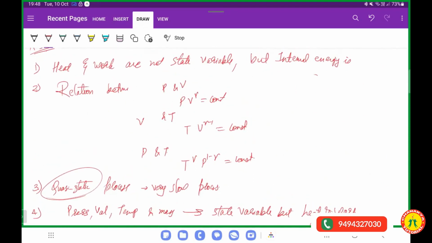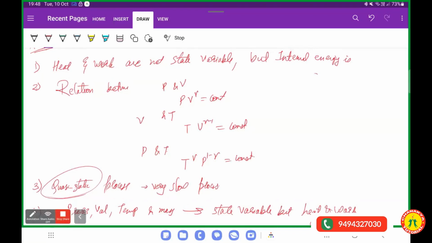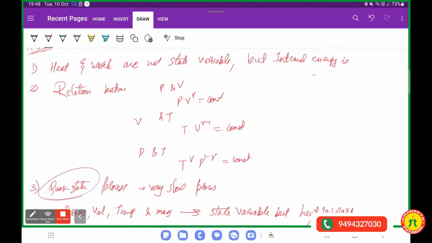Just conclusion. Then we'll go for engines and second law. That's it. Over. Carnot cycle.